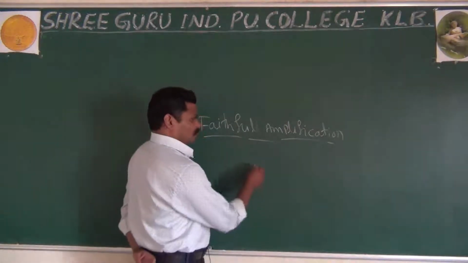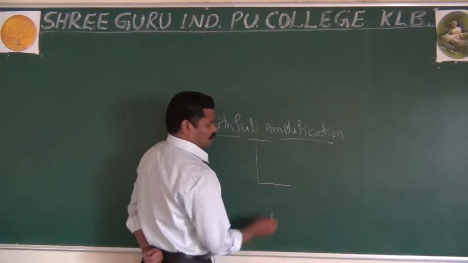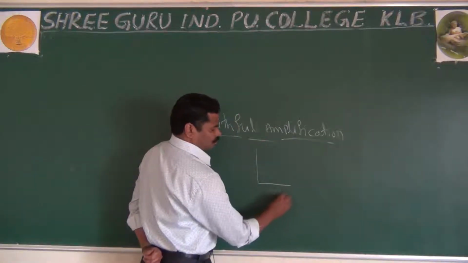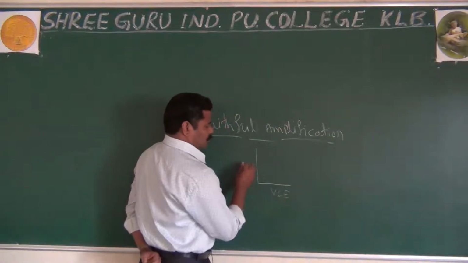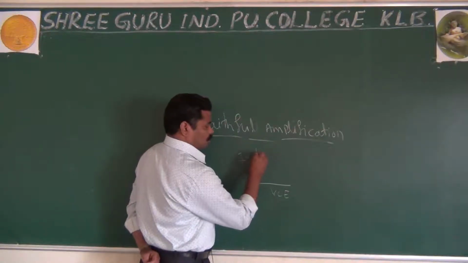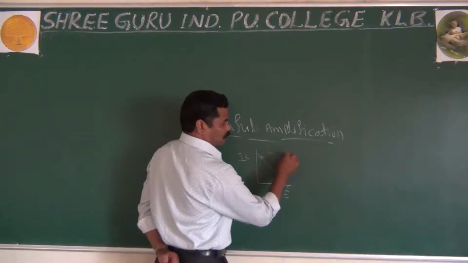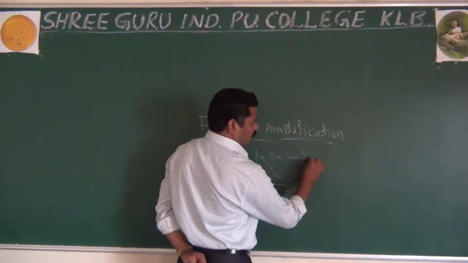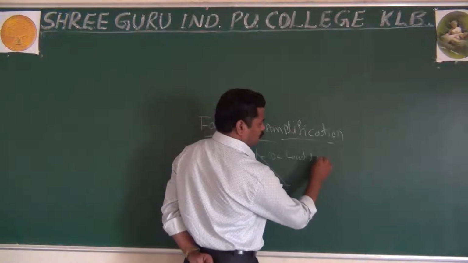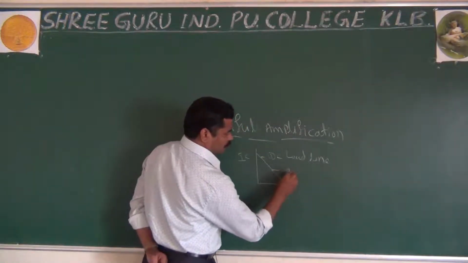And we know from the last class that whenever you want faithful amplification, the important thing, which you studied already in transistor biasing, is this: this is your DC load line, and this is your Q point.